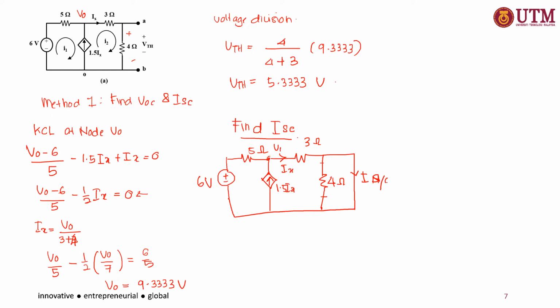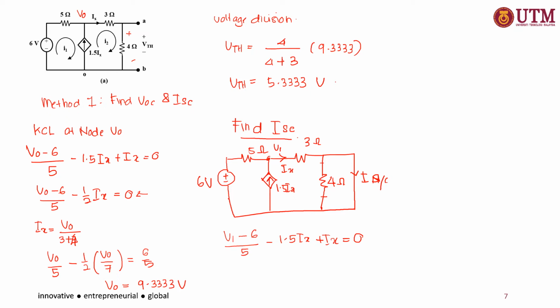So I put this as V1. So your (V1 minus 6) divided by 5 minus 1.5 Ix, so your Ix is here, plus Ix is equal to 0.